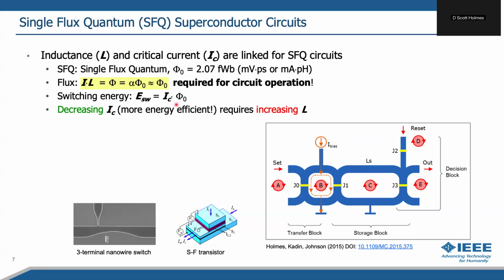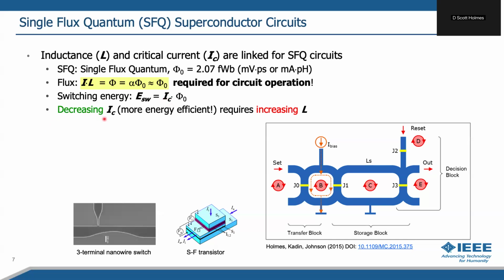At 4 kelvins, we typically need on the order of more than 10 microamperes. So a good one, 25, 50, 100, 150. We need significantly more current than that.